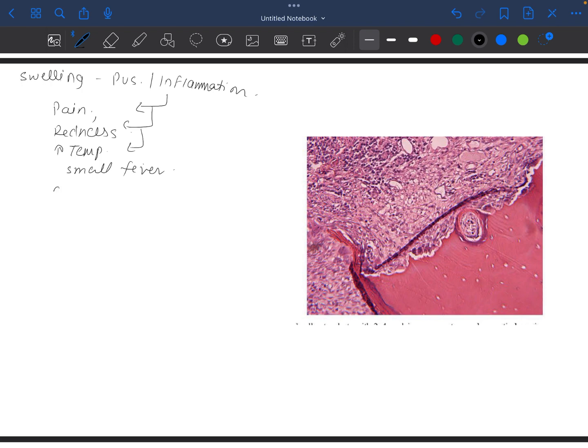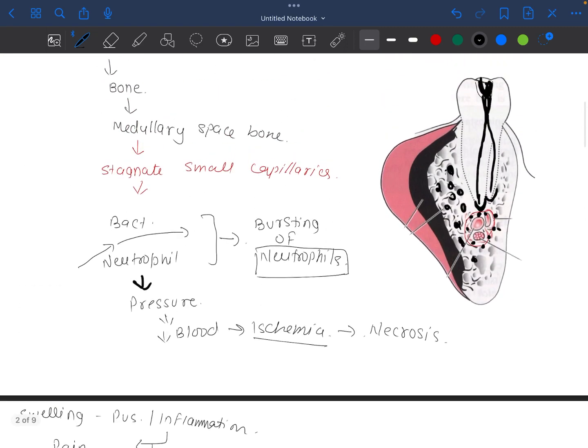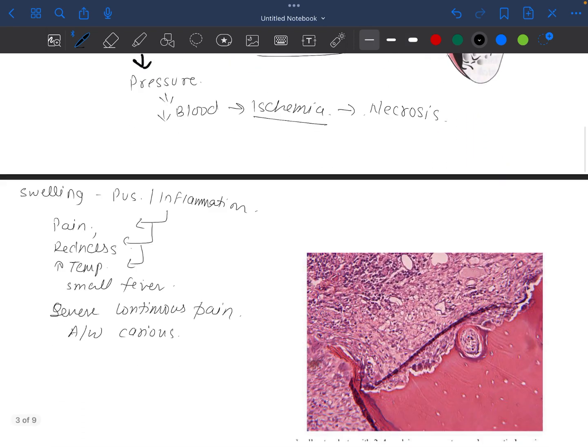There is going to be a severe continuous pain, which most of the time will be associated with a carious tooth. And this carious tooth also has irreversible pulpitis.